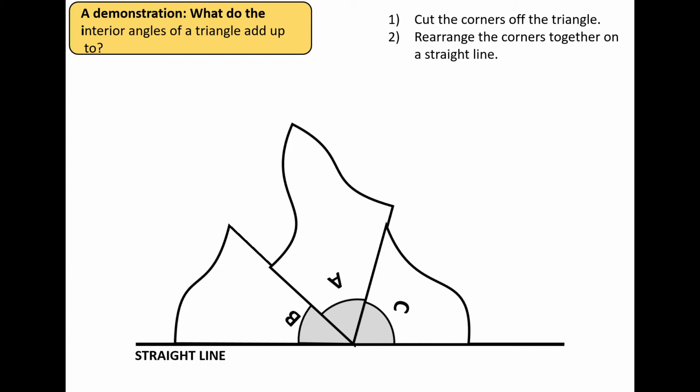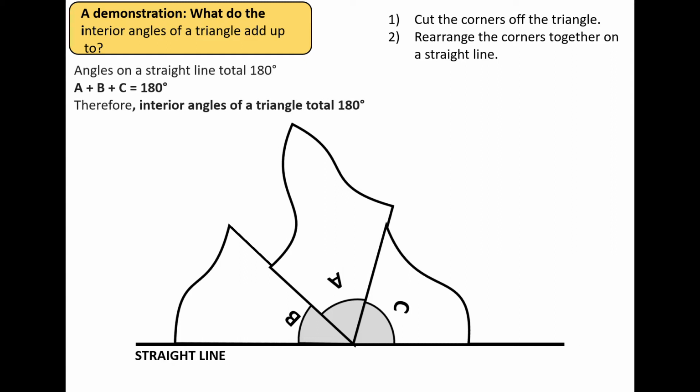And from our previous basic angle fact knowledge, we know that angles on a straight line add up to 180 degrees. Therefore, the interior angles of a triangle also total 180 degrees.